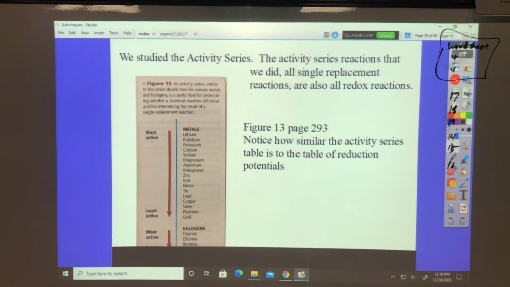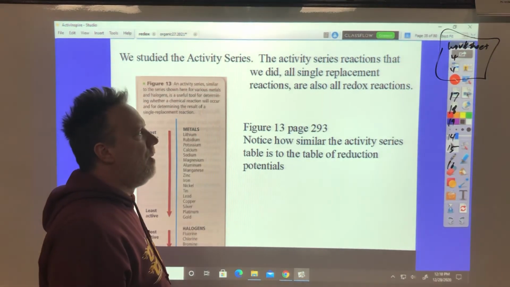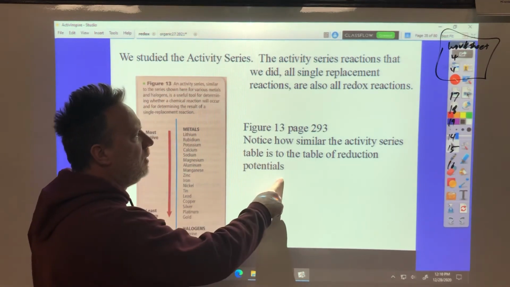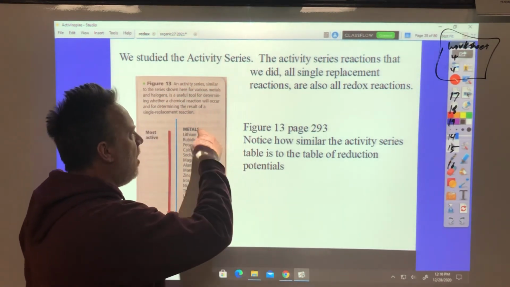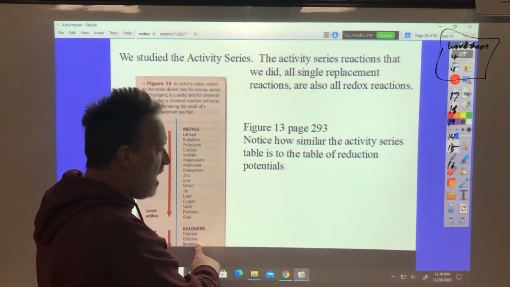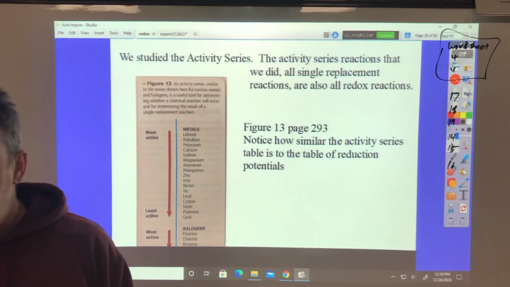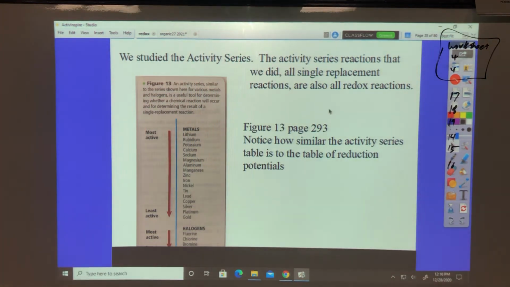Writing it that way. So I'll go fix that, hopefully. All right, so we studied the activity series. All activity series reactions are redox reactions also. So if you look at this figure, you'll notice how we're going from metals, lithium on down, and less reactive. Let's not worry about the halogens right now. This is the same as the table of reduction potentials. So this is page 293, figure 13.